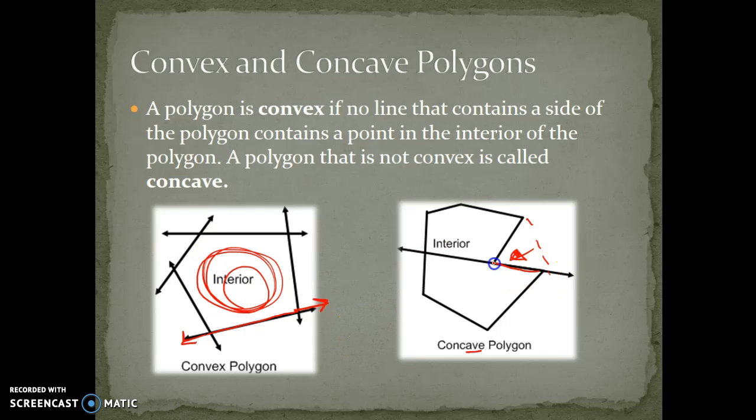Whereas here, when we took this side and extended it, it cuts right through the interior. The same will be true if I looked at this side. If I extend that, it's going to cut through the inside. So anything where if I extend a side, it cuts through the inside is called a concave polygon. Where it does not is a convex polygon. But again, the easiest way to remember it is it kind of looks like a side of your polygon caved in.